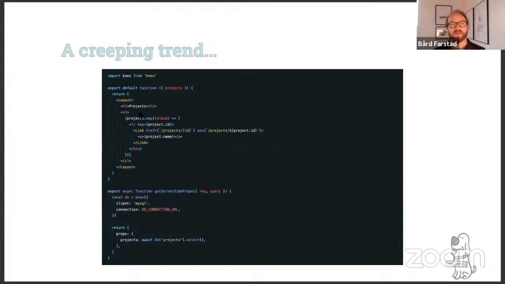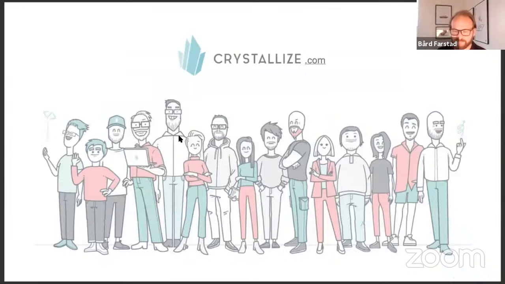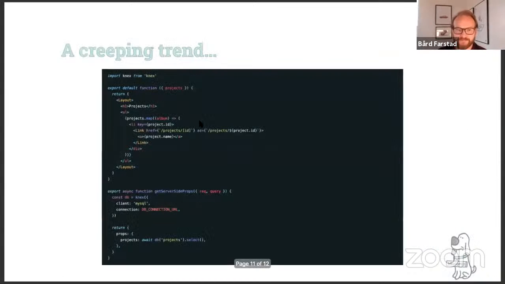So you see that this example has the layout definition, and you have the connection to the database. And this is actually an example we saw 20 years ago. It's the way the initial PHP things were written, where you have display logic, styling, and database code in the same file.